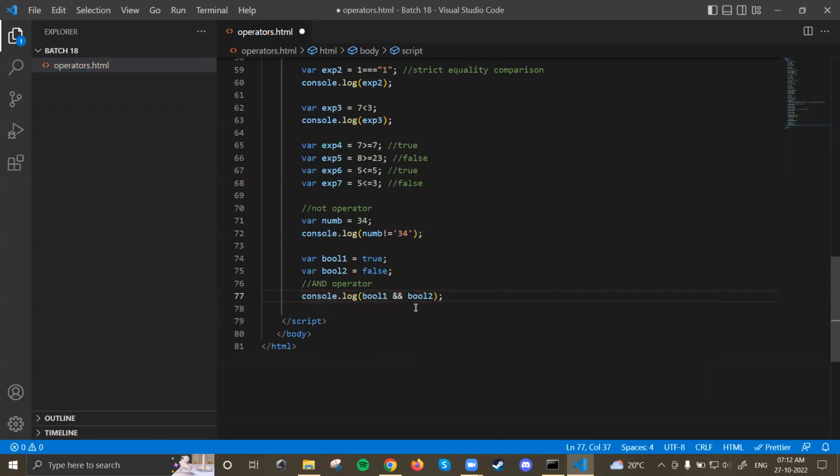Okay, what is this doing? This AND operator, what is it checking for? It is checking if both are true. Okay, so what will I get in the output? Will I get true or false? Are both true? The question is, are both true? So what will I get in the output?